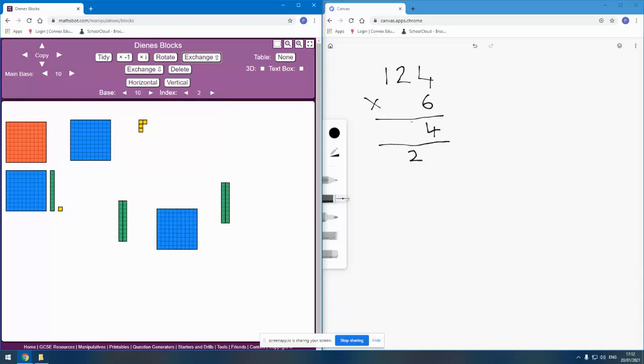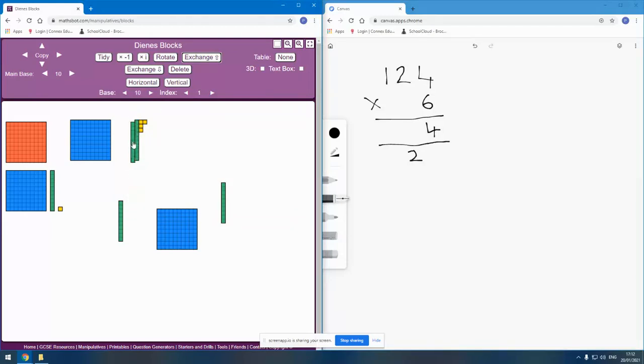What I've done there is repeat 2 10s 6 times, which has given me 12 10s in effect. But I've exchanged 10 of those 10s for a single 100. So what I've got now is 2 10s left from there, plus my original 2 10s I got from the exchange.